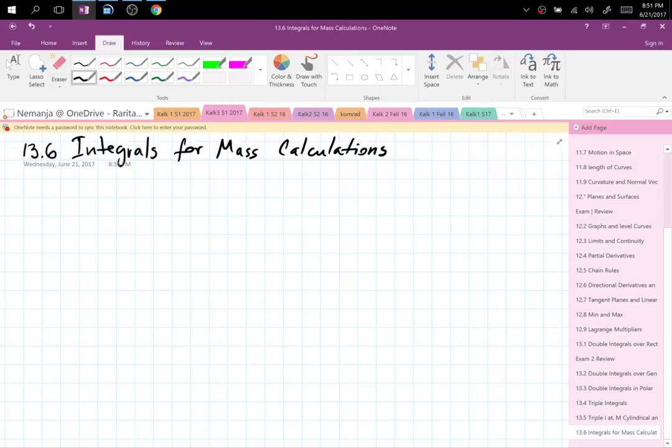So we can start these calculations by first defining the mass integral, where the mass is the integral of density. So mass is going to be the integral from a to b of some density function dx. Now if the density is uniform, we can calculate mass easily.